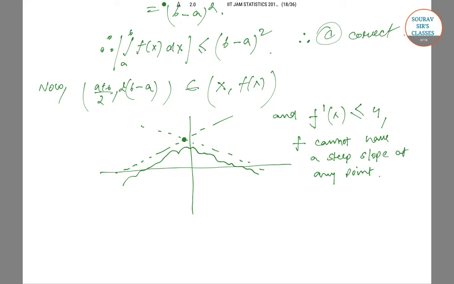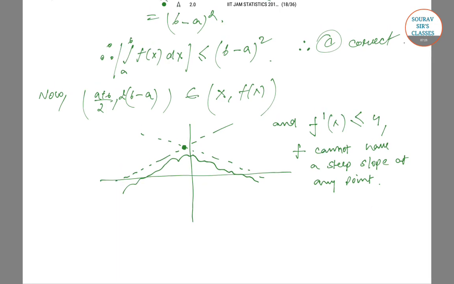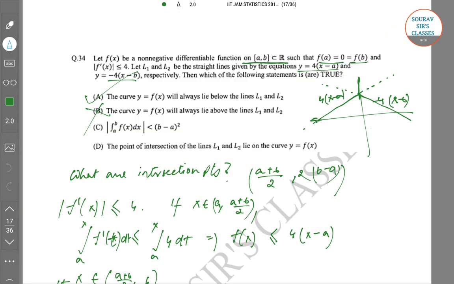But from the graph it is actually clear, and since this is an MCQ question, we should actually give graphical arguments because it saves a lot of time. So D is incorrect. And moving up to the question, we cross D out and mark C correct. So A and C are correct and B and D are wrong in this question. Thank you.